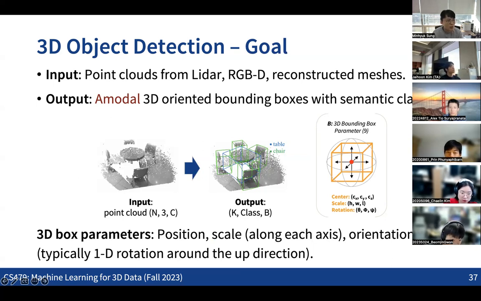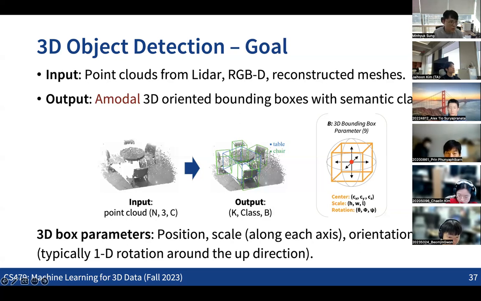Given the point cloud, we predict a set of oriented bounding boxes in 3D space with their semantic labels. We get the position, the scale, the orientation of the bounding box, and the semantic labels as well.